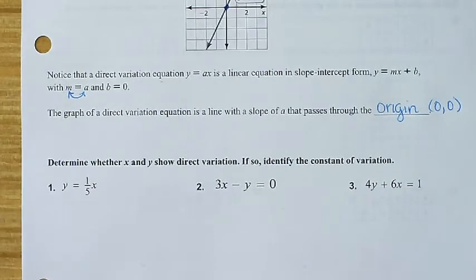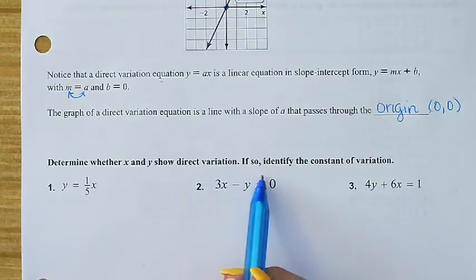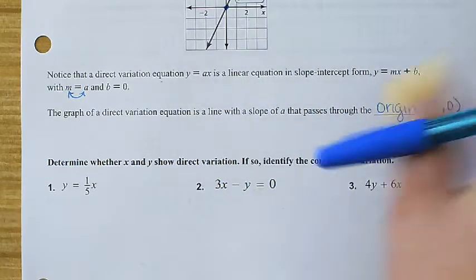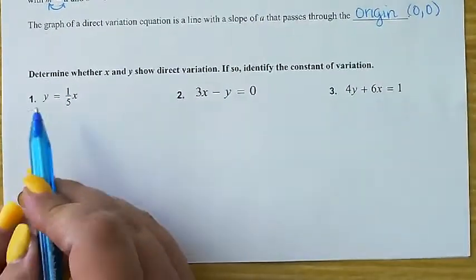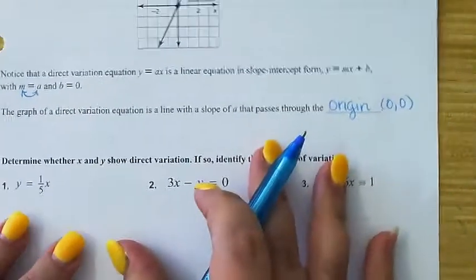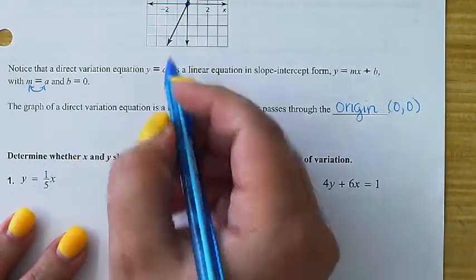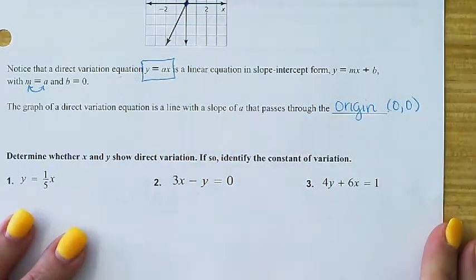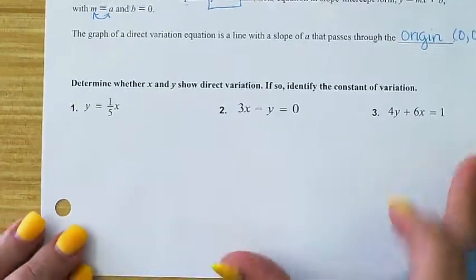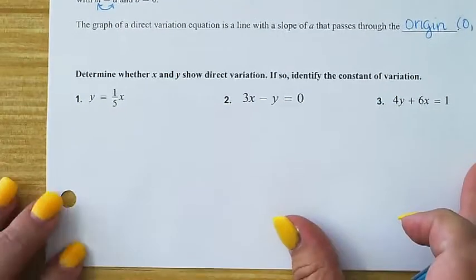All right, so determine whether x and y show direct variation. If so, identify the constant of variation. So again, basically the way we're going to determine this is if when y is isolated, it has this form right here, this y equals ax form, okay? Then we know we have a direct variation. So let's look at the first one.